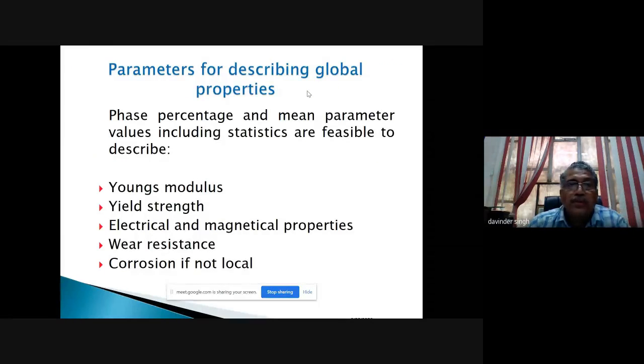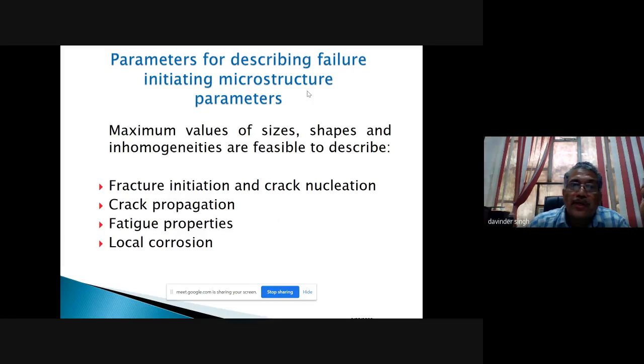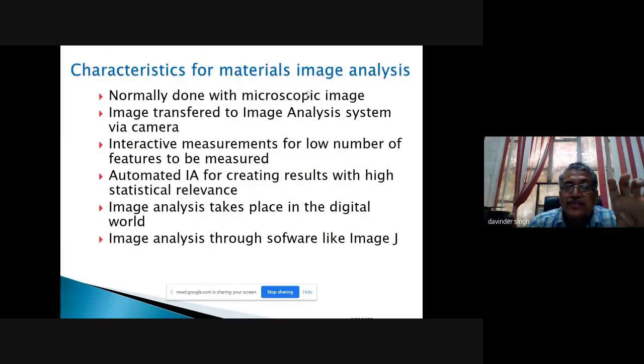So all these global parameters of the materials we can understand by using the materials properties. All these, like fracture, crack propagation, fatigue properties, local corrosion, are also possible only by understanding the scanning of the materials.